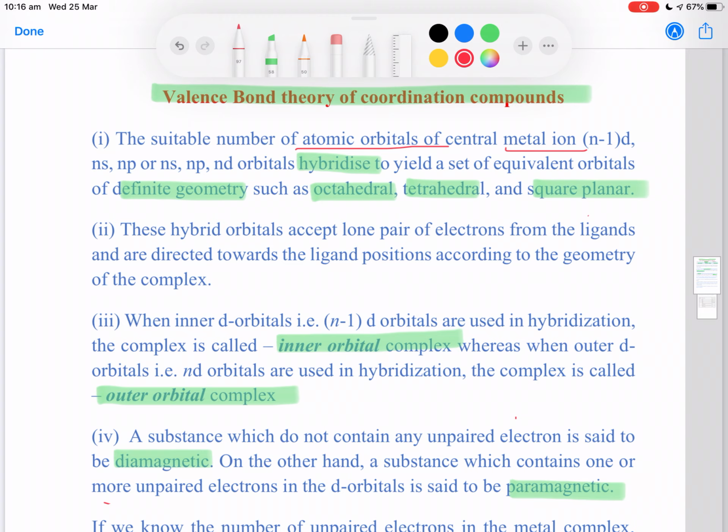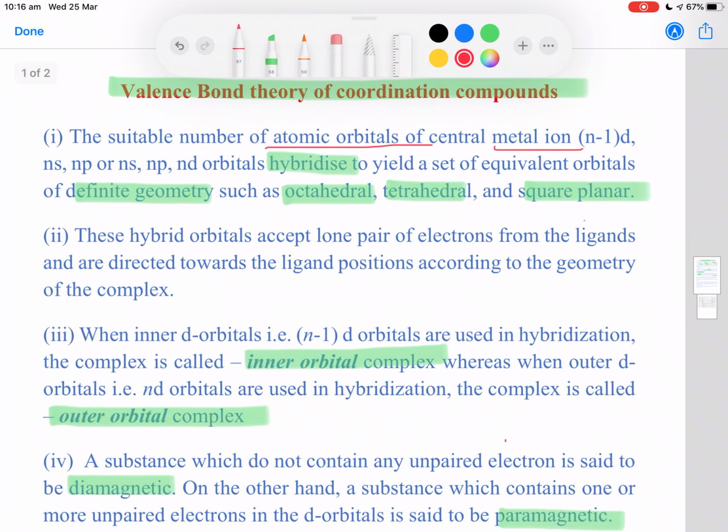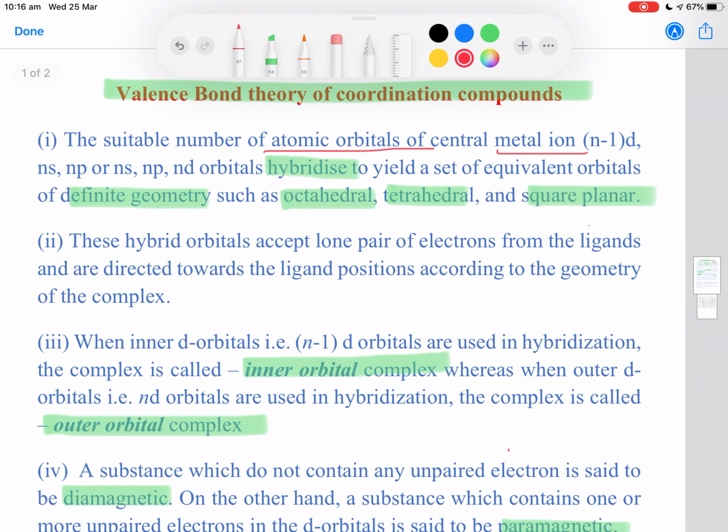And we already learnt in the beginning, when I began the lecture series of coordination compounds, that these central metal ions belong to the transition series, right? That means they should have unpaired electrons in their d orbital.